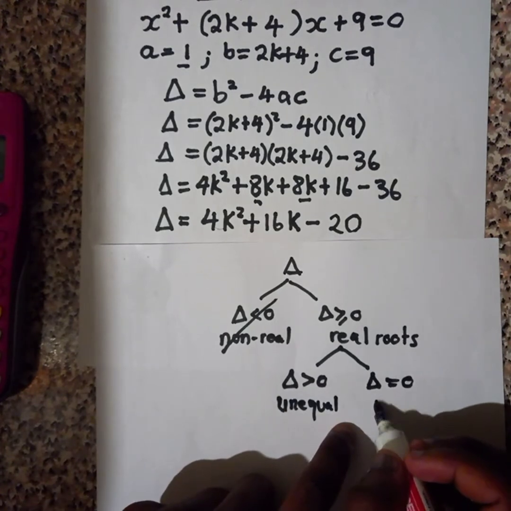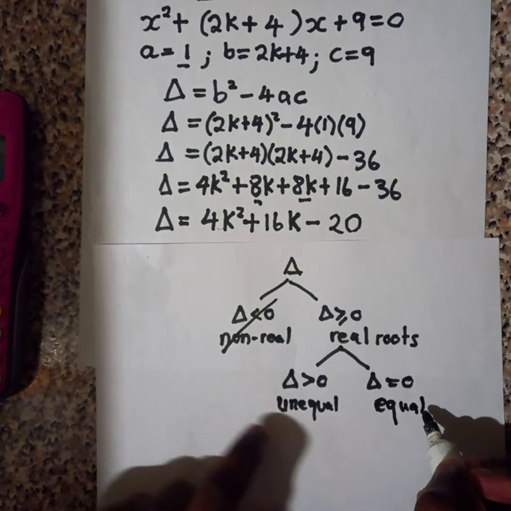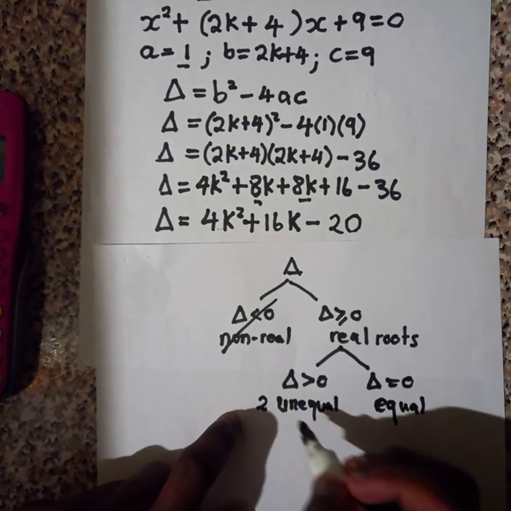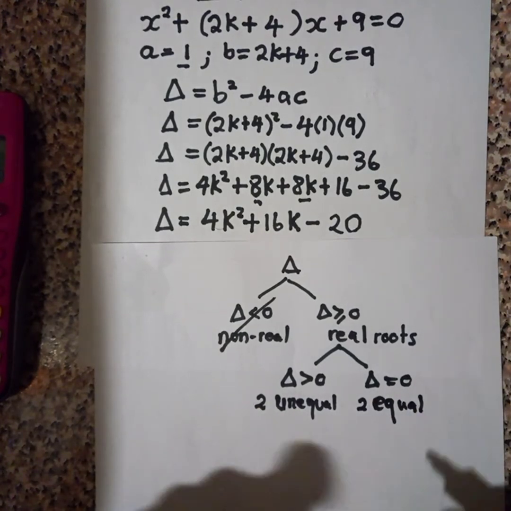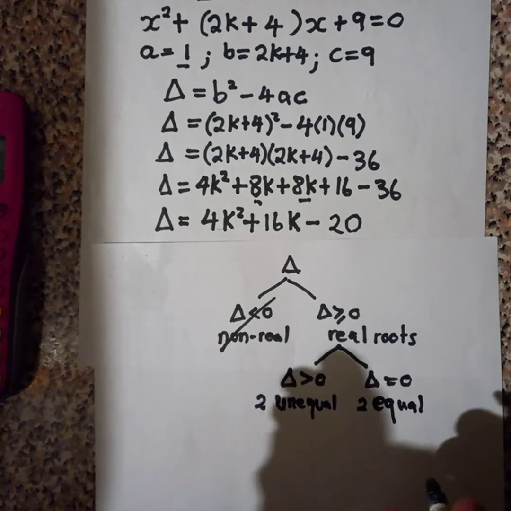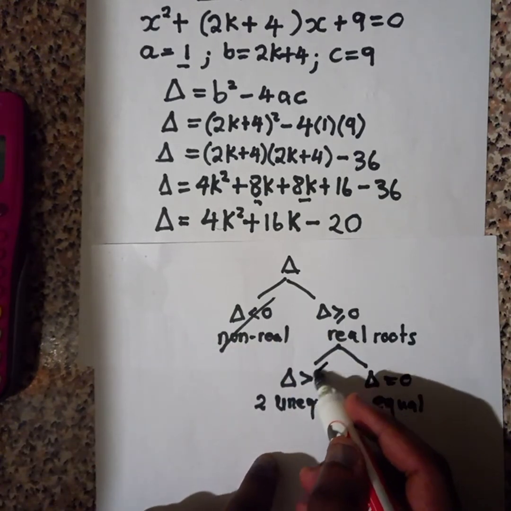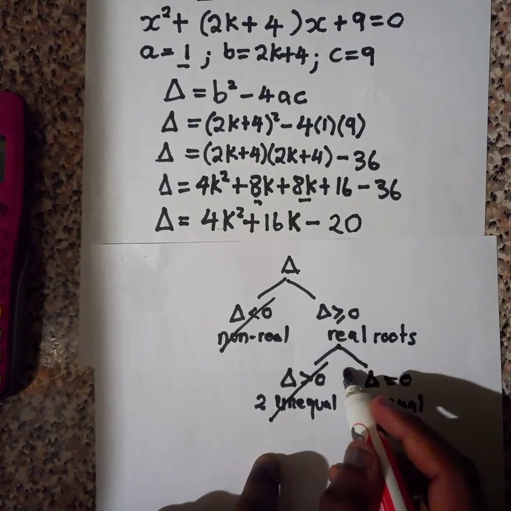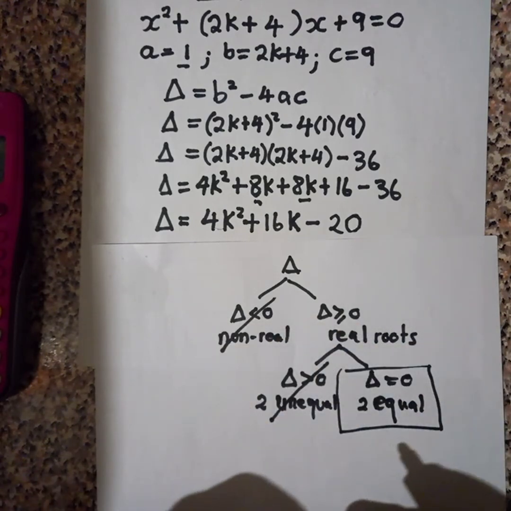Then we said this one represents what? Two equal roots. From this point, it is clear as well that we are not going to use this condition. Instead, we are going to take this one where our delta is equal to 0.